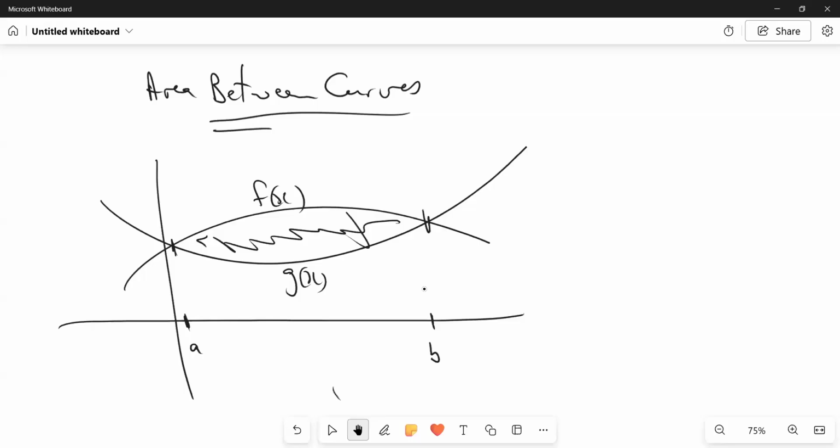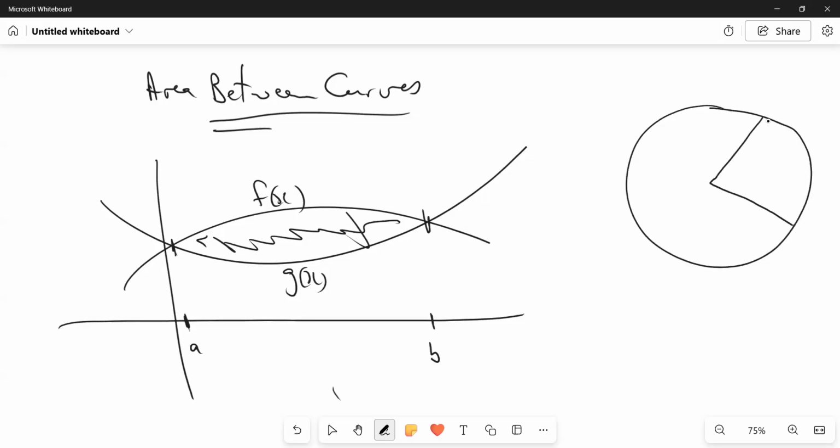Like in high school, I remember teaching this, no doubt you remember it too. If you have a circle, and you have a sector, and then you have a segment here, and you want to find this area, anybody can remember what you do? You want to find the area of the segment.